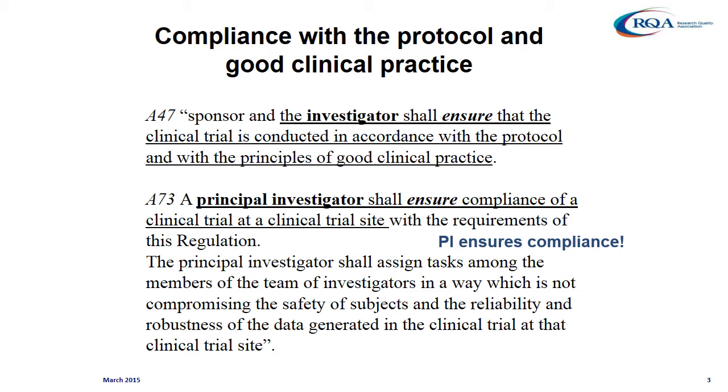Principal investigator ensures compliance. It also goes on to say the principal investigator shall assign tasks among the members of the team in a way that doesn't compromise safety or the reliability and robustness of the data. That means the principal investigator has to have oversight of those working for him, for his or her team. And that's very important.